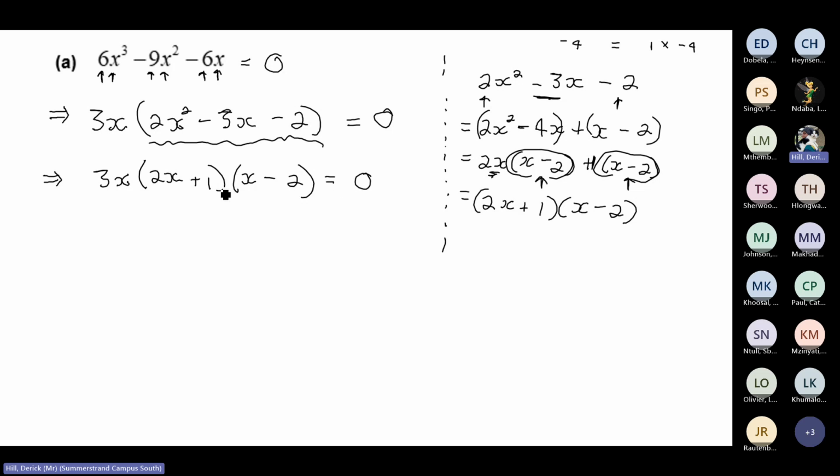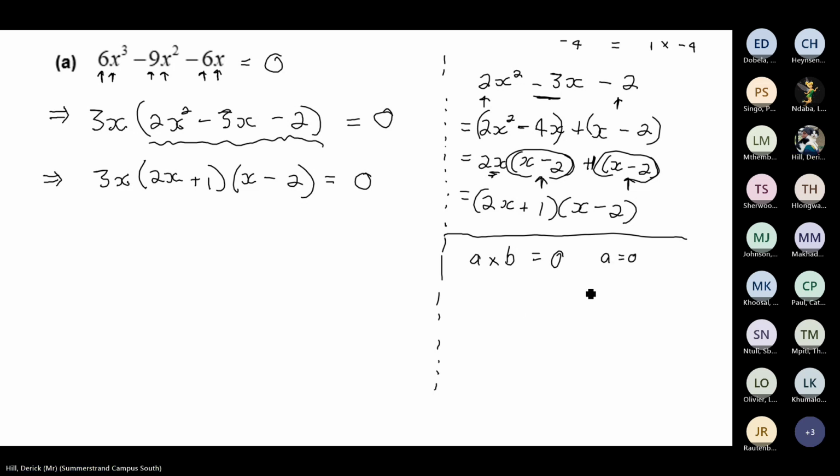Okay, now we are getting closer and closer to the answer. So we know that if I have something like a times b is equal to 0, either a is 0 or b is 0, or they are both 0, right?